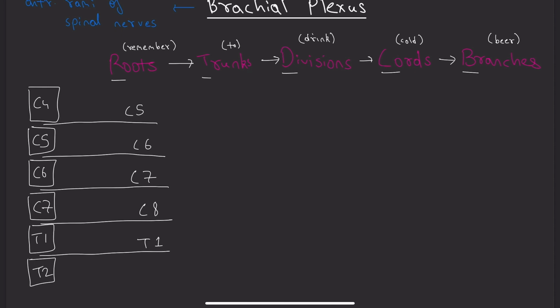So the anterior rami of these spinal nerves, that is C5, C6, C7, C8 and T1, forms the roots of the brachial plexus. These roots then combine. So the C5 and C6 root will combine and so will the roots C8 and T1.